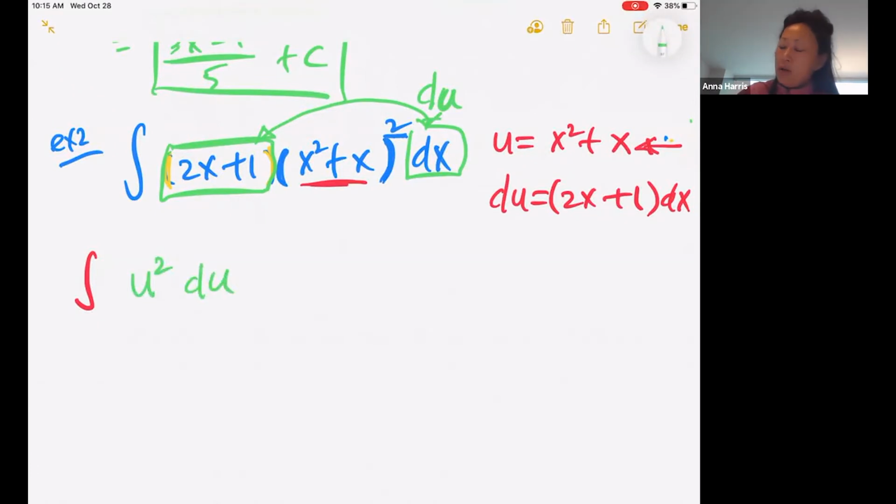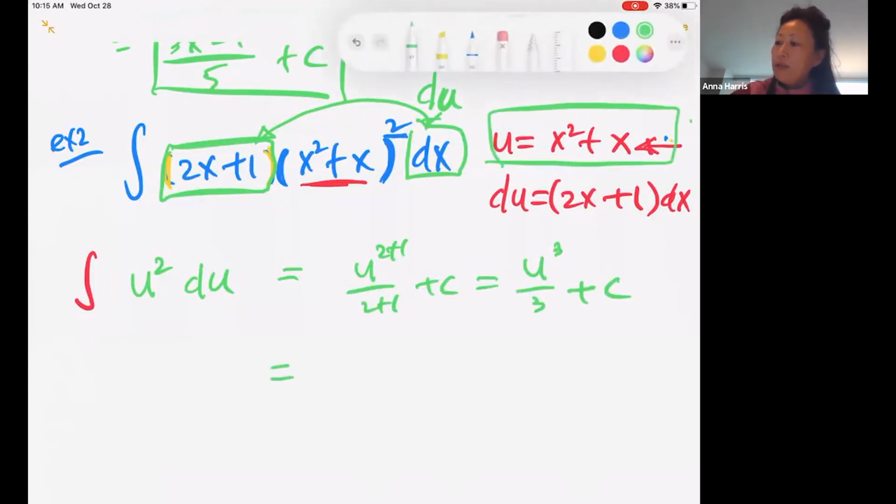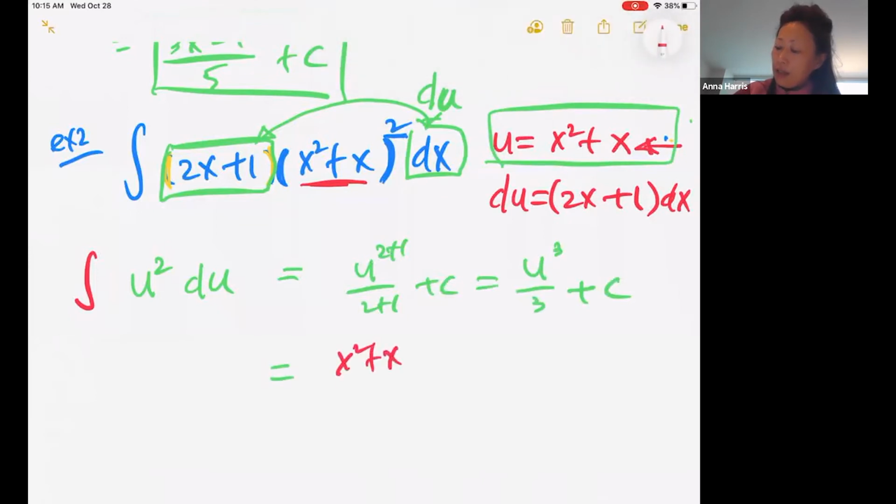This problem becomes just like before. Now I have to plug my u back in. That's my u, so I plug it back in, which gives (x squared plus x) cubed over 3, plus c. Then we're done.